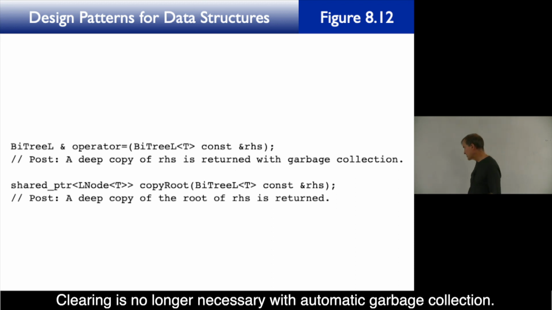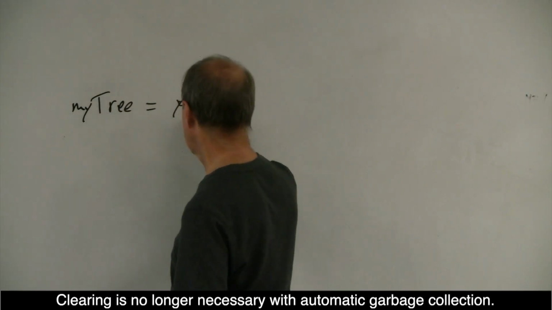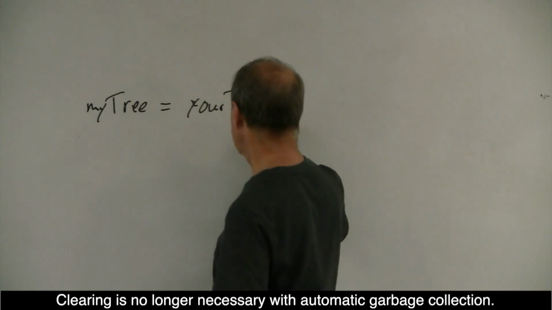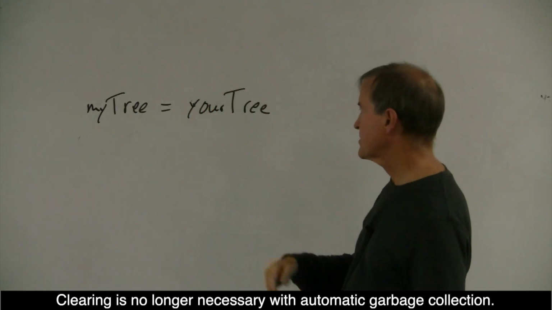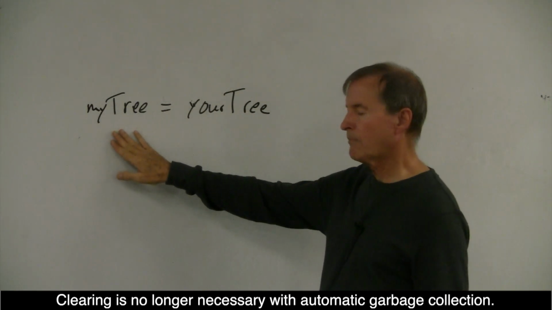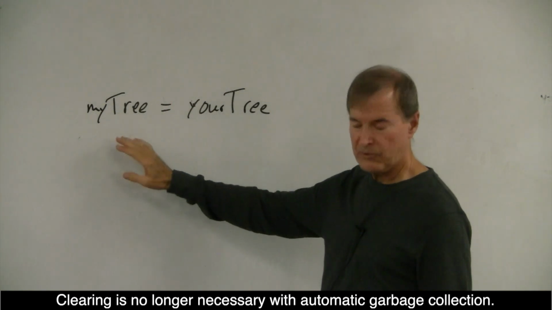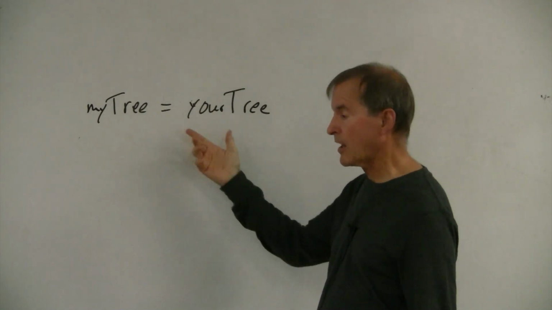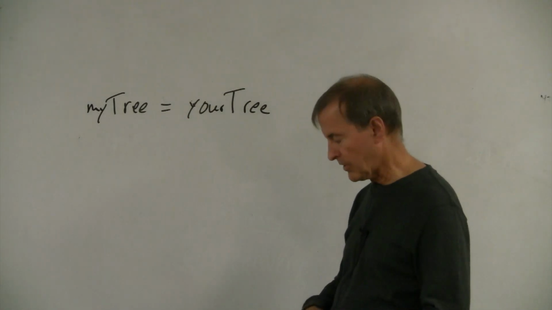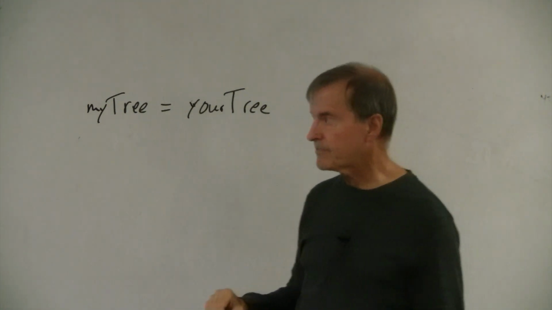If you say my tree gets your tree, then the original my tree is cleared, so it has to be garbage collected, and then my tree gets a copy of your tree, so that's a deep copy. That's not a cut operation, that's a copy operation.